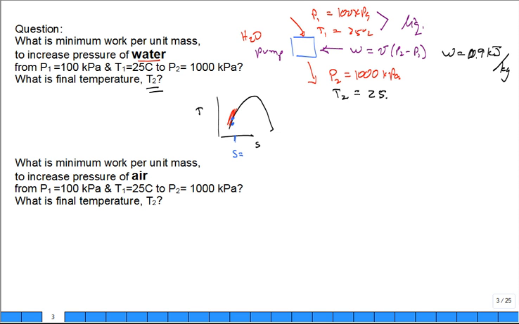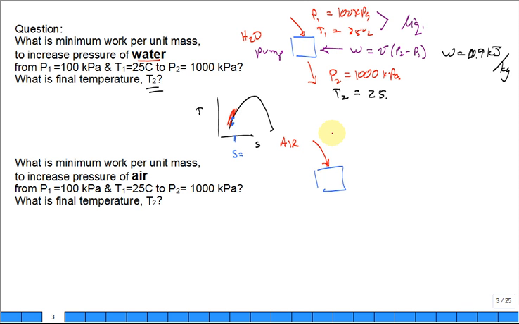That was with water. Now we have Brayton cycles, gas power cycles, air, ideal gas. So we ask the same exact question. I have a device. I'm going to bring in some fluid. This time it's air.